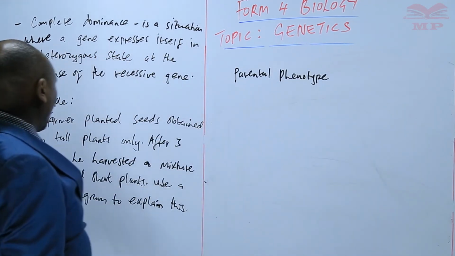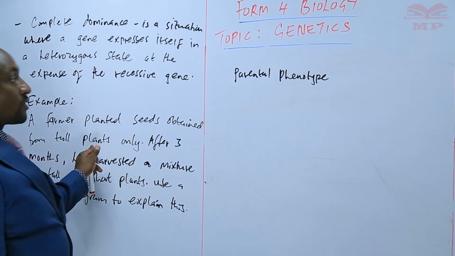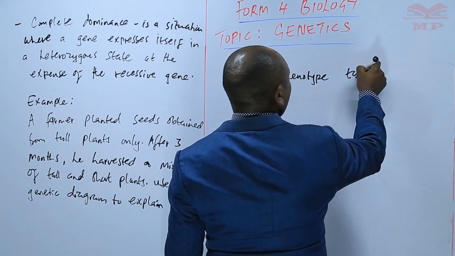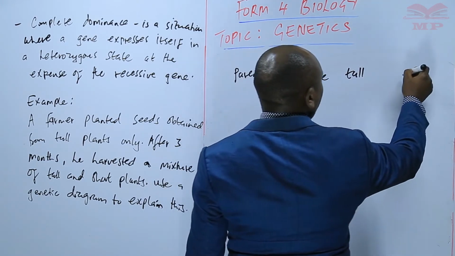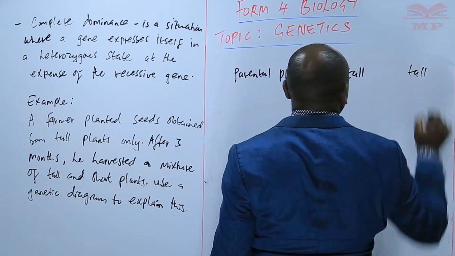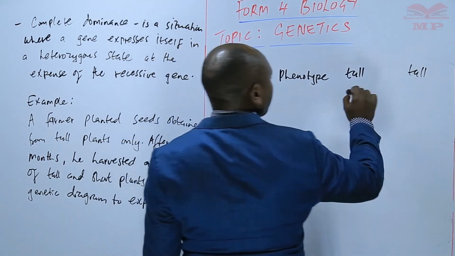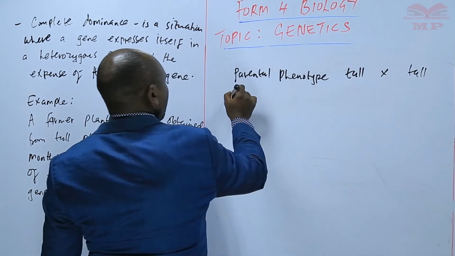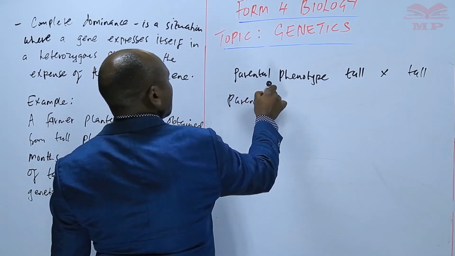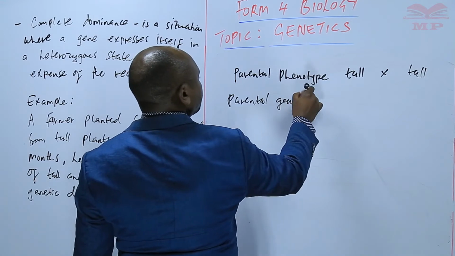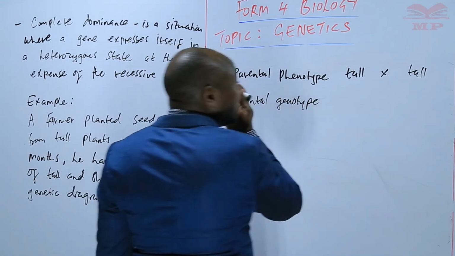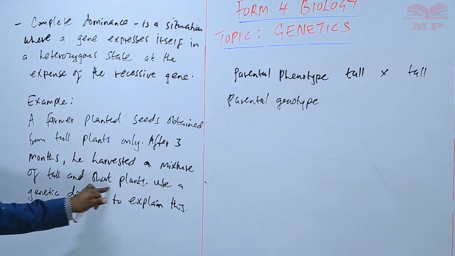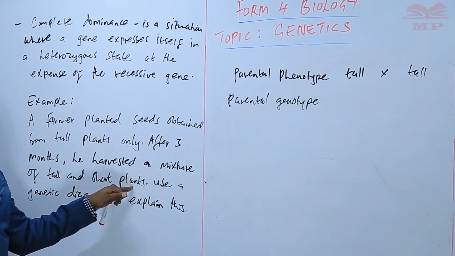The phenotype of the plants, or the outward appearance, was tall. This was tall against tall. And therefore, the parental genotype: these tall were not pure breeds, because if they were pure breeds, we could not have obtained the short plants.